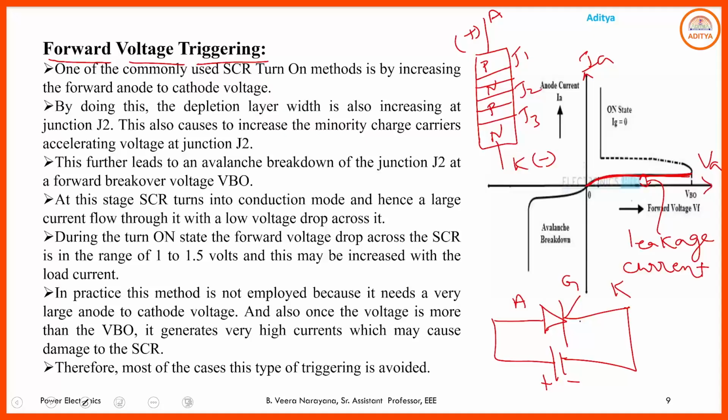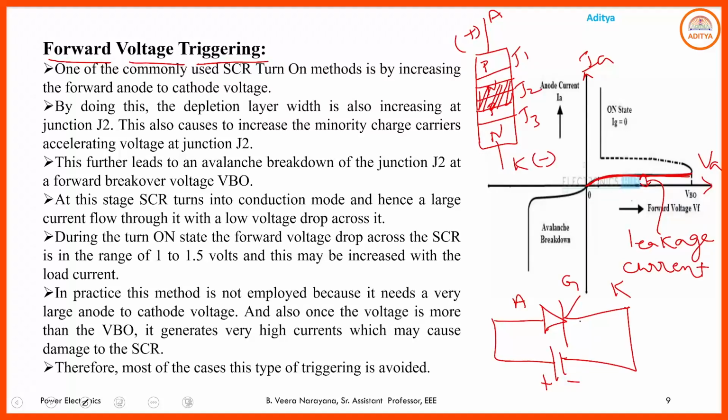So across this junction a depletion layer is created. If you vanish that depletion layer at junction J2, then there is free movement of charge carriers across these three junctions and the SCR comes to the on state.